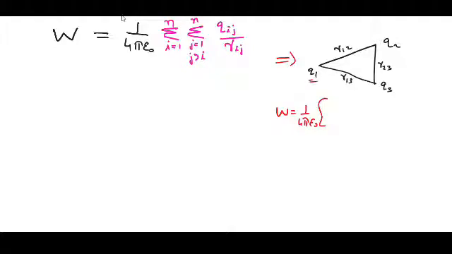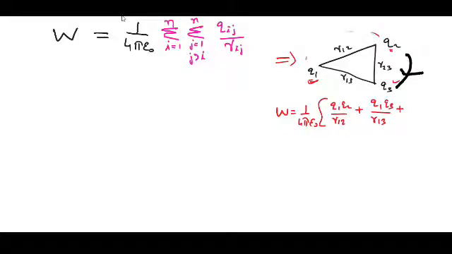Here we have Q1 and Q2, Q1 Q2 divided by the separation between these two, R12, plus now we have Q1 and Q3, Q1 Q3 divided by R13, plus next the remaining term, we don't have this pair, that is Q2 and Q3, Q2 Q3 divided by R23. I cannot write again Q3 and Q1 by R13. That will be the repetition, because this is the total energy of the system of these charges.